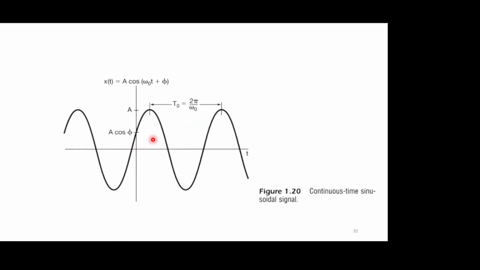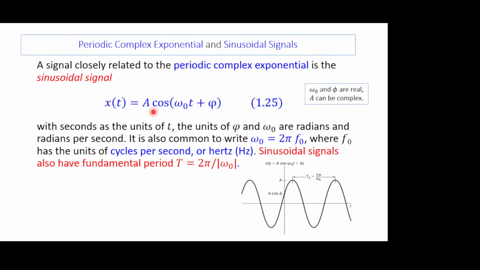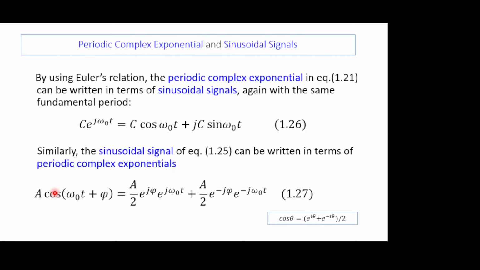Even though we only said cosine is sinusoidal, obviously if you put sine here, it's also sinusoidal. And then we can use the reverse Euler and turn our cosine into a linear combination of complex exponentials. Okay, we are right at the time, so let's stop here.